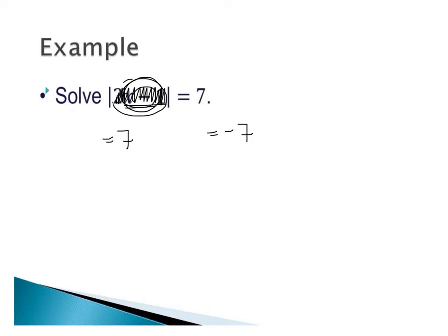To start with, it has nothing to do with what's in there. Then we say, well, what's in there was the 2x minus 1. So either 2x minus 1 has to equal 7 or 2x minus 1 has to equal negative 7. And these are our 2 cases.